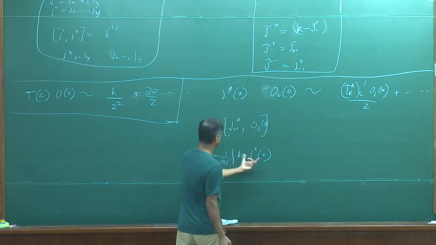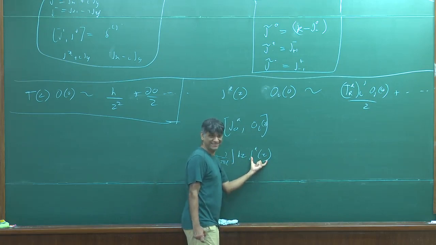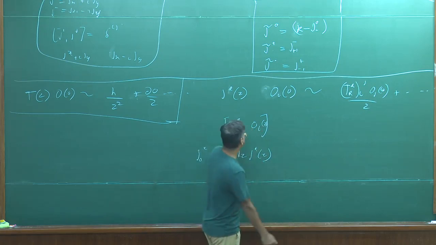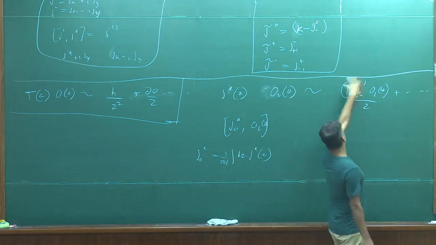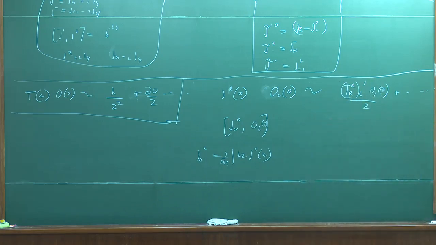So what we want is the OPE of this with no extra factors of z. We want the pole in the OPE of that, which is this, the usual transformation property under a representation.